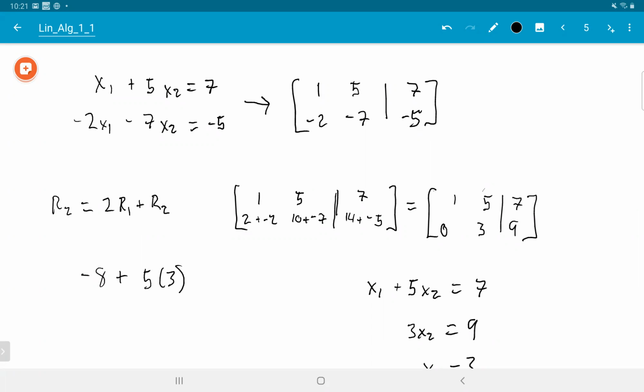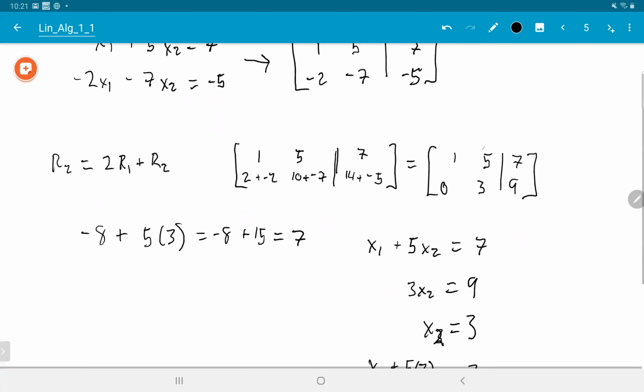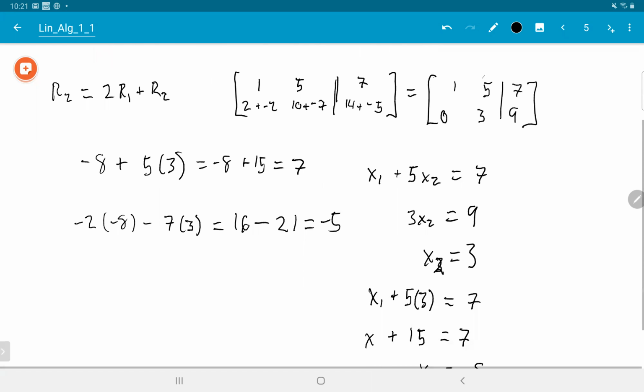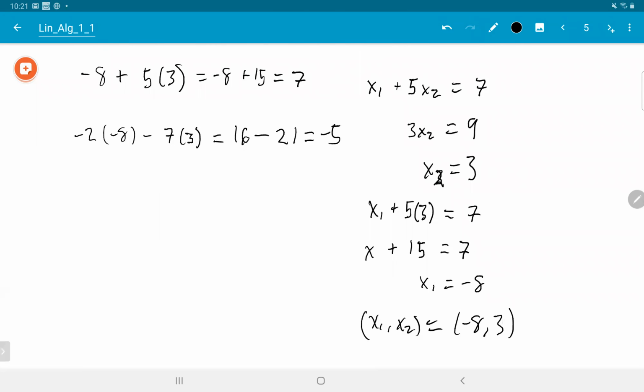That's -8 plus 15, and this is definitely 7. And now for the second equation, we've got -2 times -8 minus 7 times 3. Okay, -2 times -8 is a +16, and then minus 7 times 3, that's 21. Well, that's -5, just like we expected. So this solution is correct.